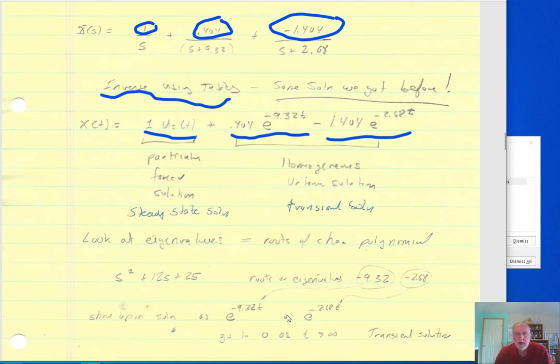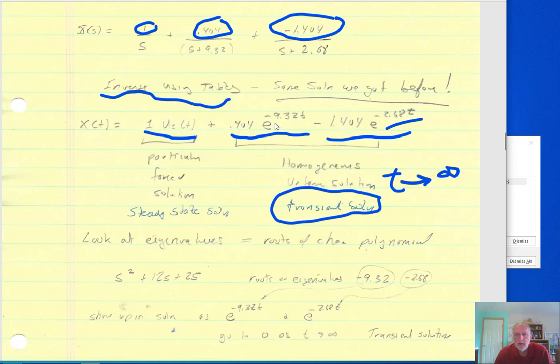All right, almost ready to wrap up this lecture. The last thing I want to point out is the names of what these parts are called. This part is called the transient solution, because as time gets large, these e to the minus t terms go to 0. So this part of the solution goes to 0 as time gets large. And this one sticks around.